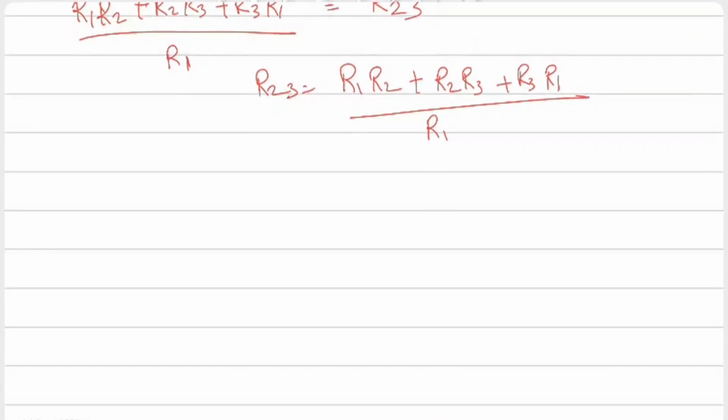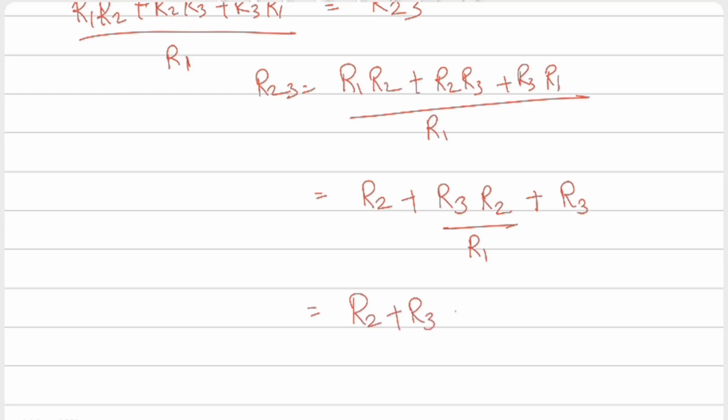Or if you divide individually, you will get R2 plus R3 plus R2 R3 divided by R1. So R23.